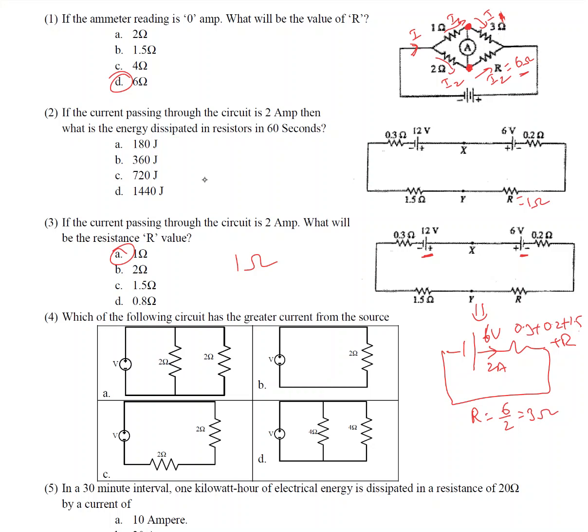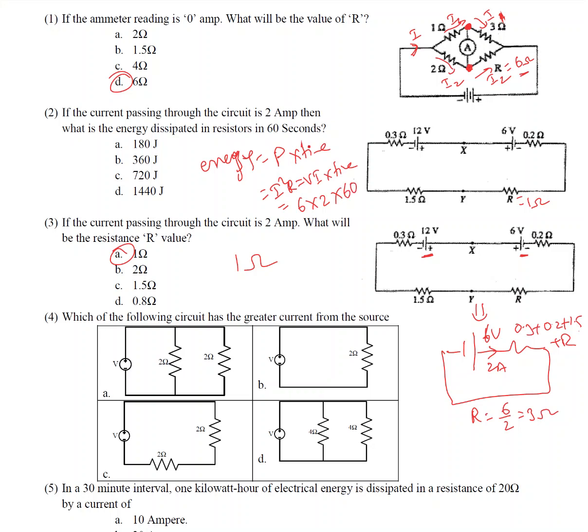I can say energy equal to P times time. P is nothing but I square R, or V times I. We can use V times I times time. The total V you can see is 6 volt, I is 2 ampere, and time is 60 seconds.